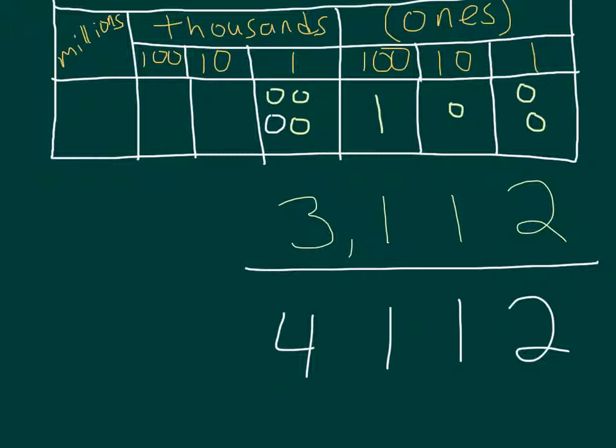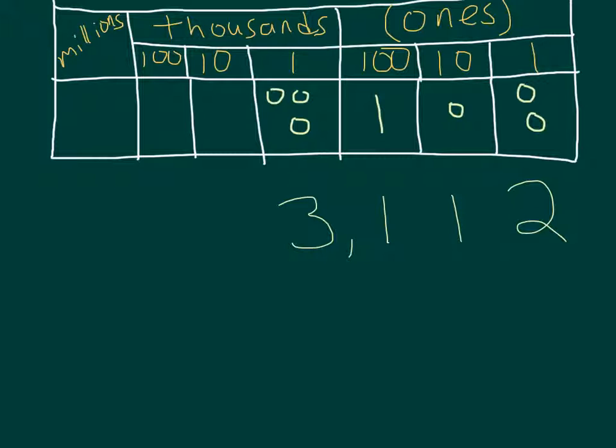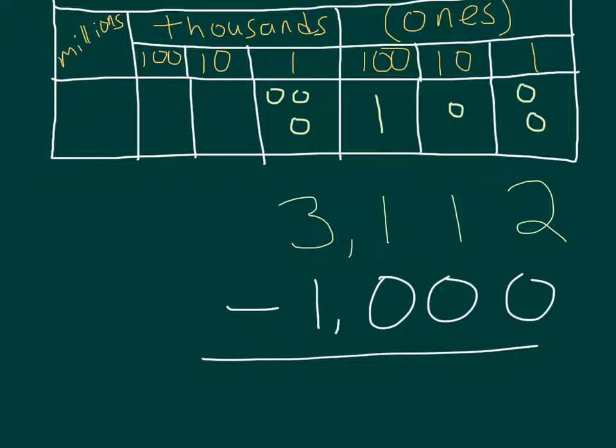We can do the same thing by subtracting 1,000. Minus 1,000. And we can represent that in our place value chart up here by saying we want to take away one disk. Right there, let's take that away by just putting an X through it.